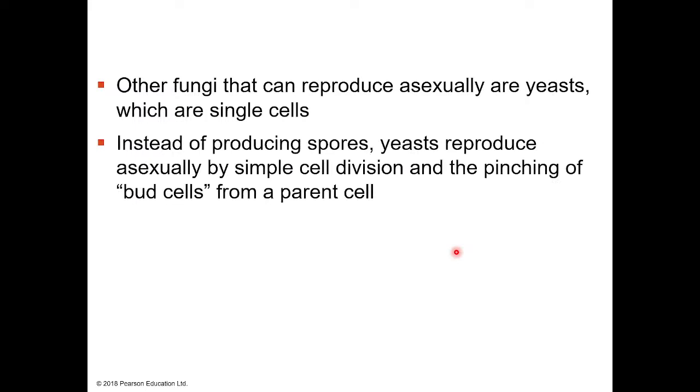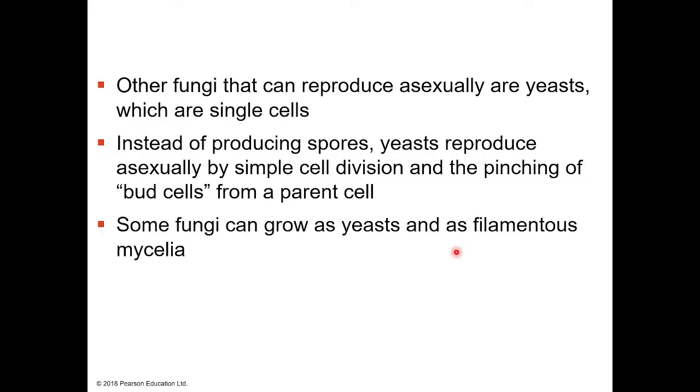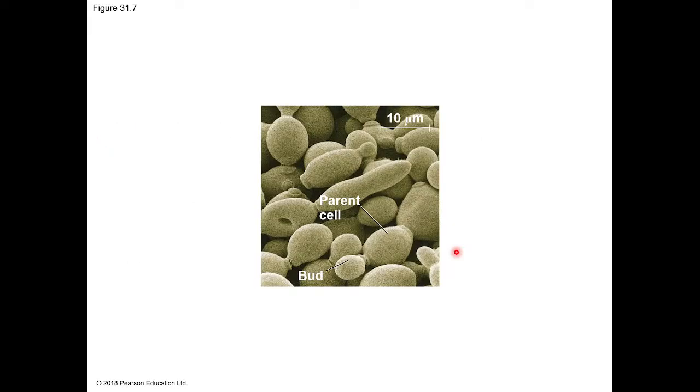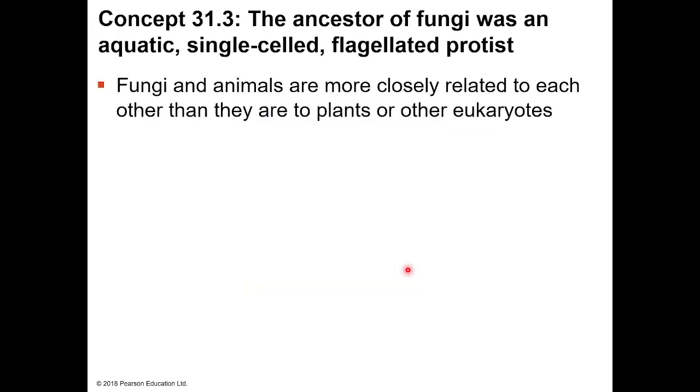Instead of producing spores, yeast reproduce asexually by simple cell divisions and the pinching of bud cells from a parent cell. Some fungi can grow as yeast and as filamentous mycelia. This is a micrograph showing the yeast, budding yeast. This is the parent cell, and these are the buds, which are the next generation.